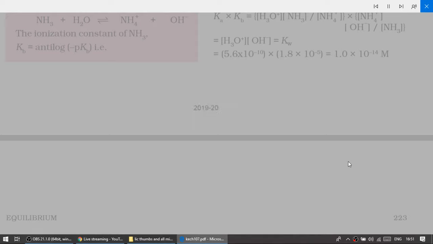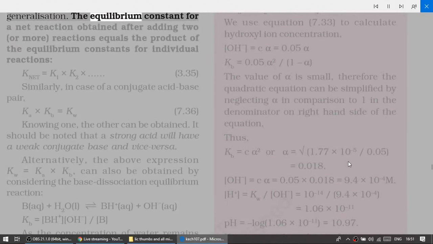This can be extended to make a generalization. The equilibrium constant for a net reaction obtained after adding two or more reactions equals the product of the equilibrium constants for individual reactions.